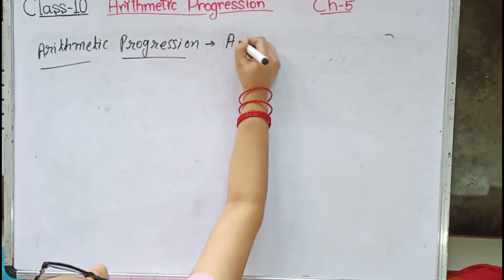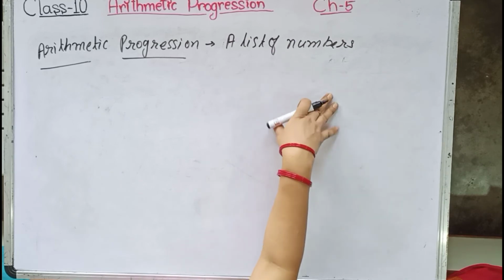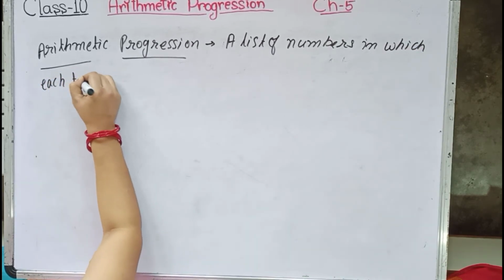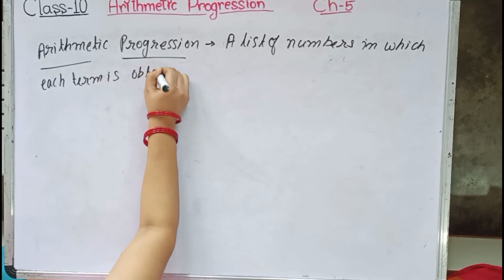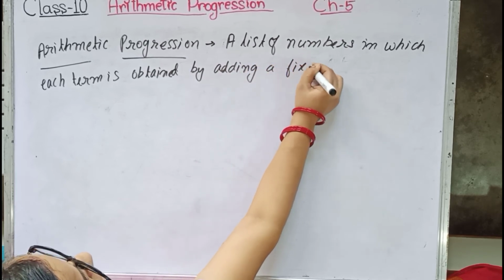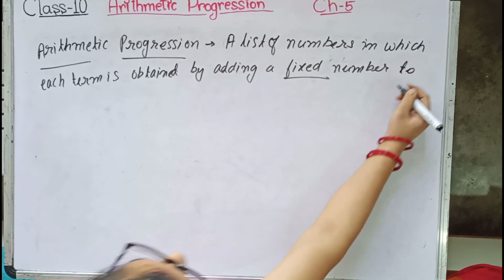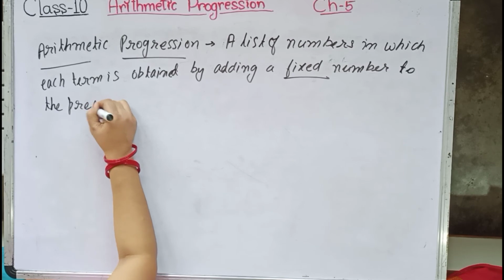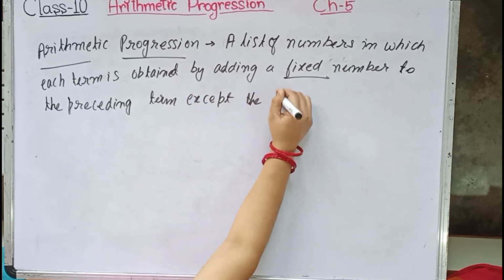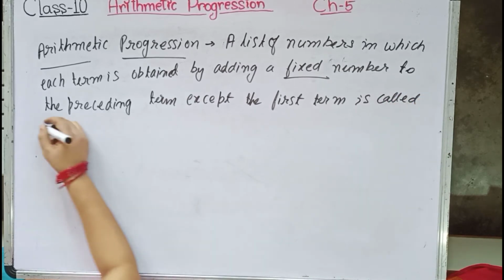So a list of numbers in which each term is obtained by adding a fixed number, take care, fixed number, to the preceding term, except the first term, is called an arithmetic progression.